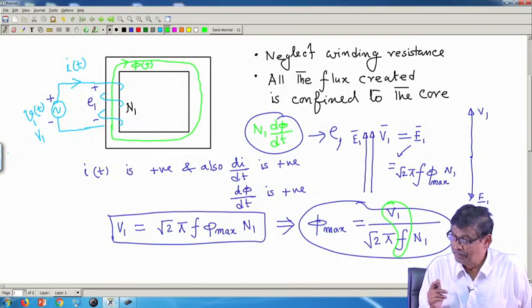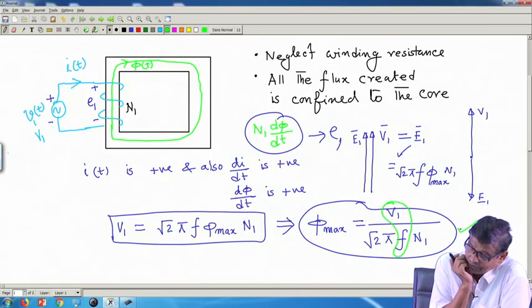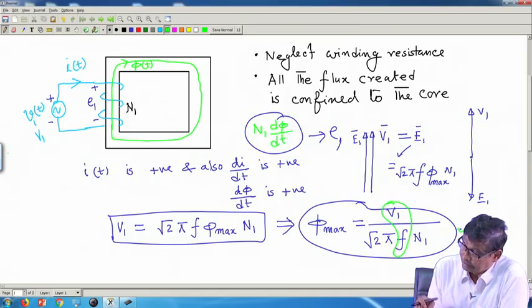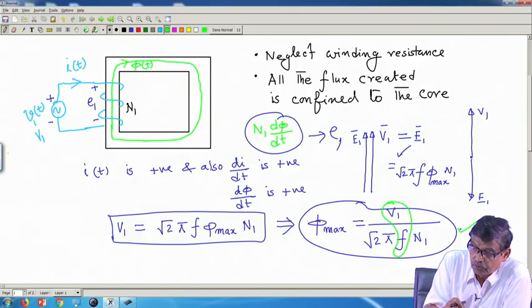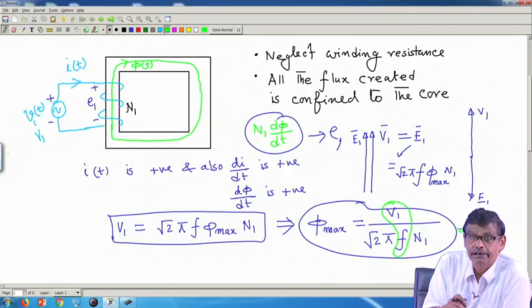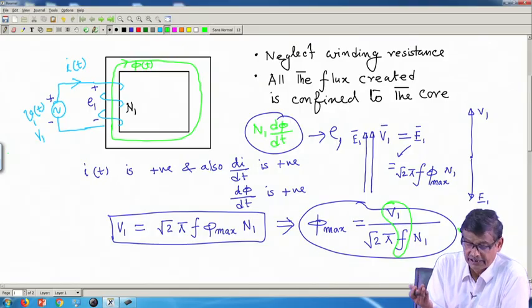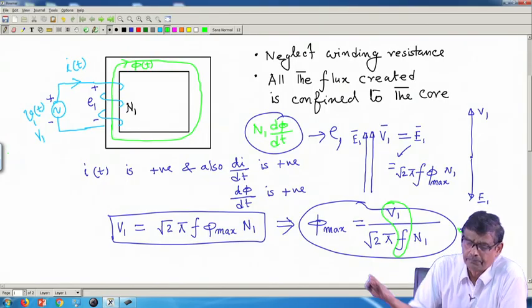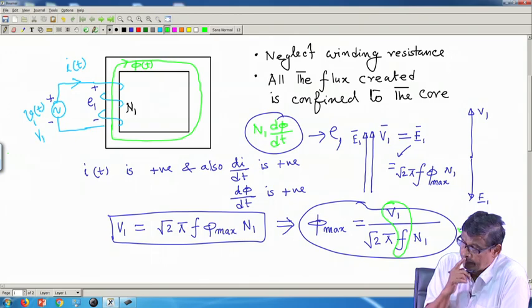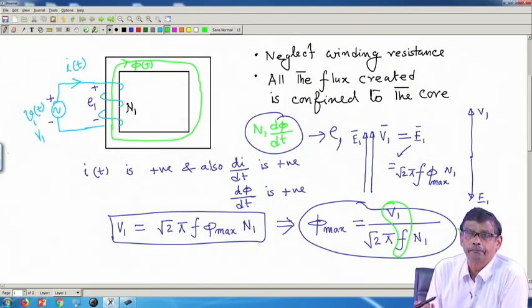What is another important implication of this equation? If this core material is replaced by another core material, other things remaining the same, that is, the same voltage with the same number of turns, only the magnetic material replaced, then phi max will remain the same.